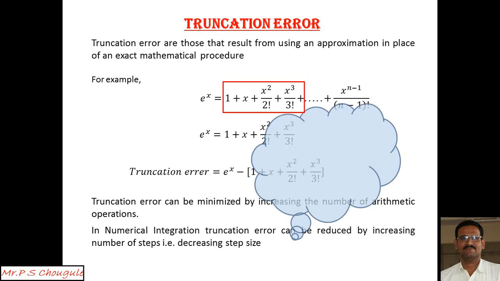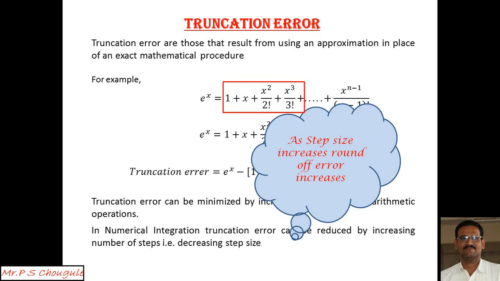But wait, if I decrease the step size, that ultimately means we need to increase the number of iterations, and while iterating we need to use the previous value in the next iteration, and in the previous value we try to round off the values. That ultimately means if I increase the number of steps, no doubt truncation error will reduce, but at the same time roundoff error will increase.